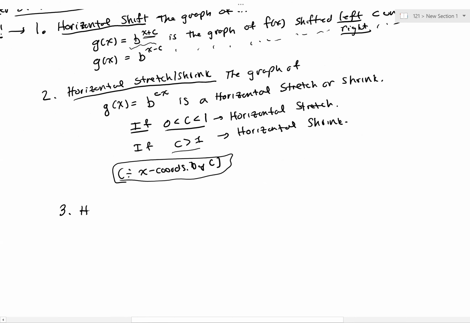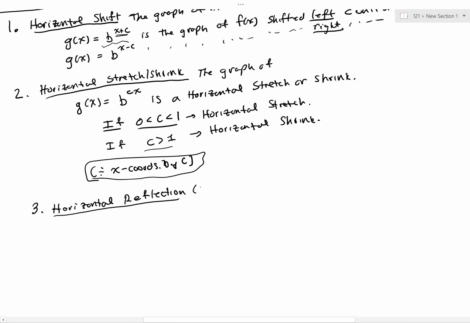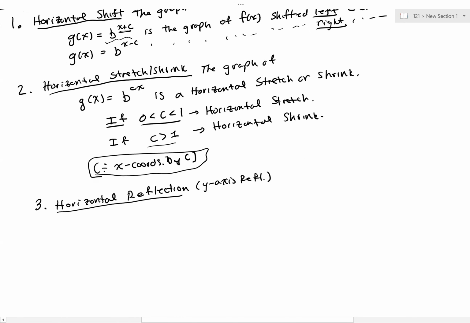The next transformation was a horizontal reflection, or in other words, a y-axis reflection. That occurs when you have a negative sign in front of your input.